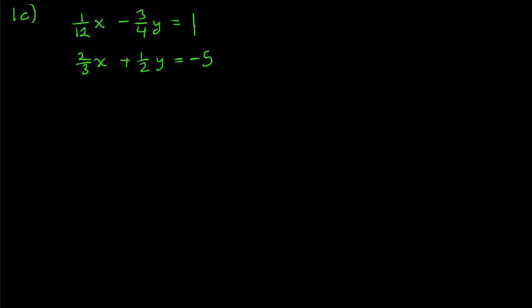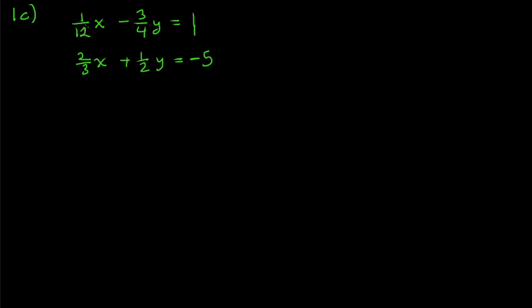Okay, so nobody likes fractions, but sometimes you just have to deal with fractions. On the other hand, since these are equations, we don't have to deal with fractions if you don't want to. And I don't want to. I want to get rid of the fractions. So by now you should know how to do that.